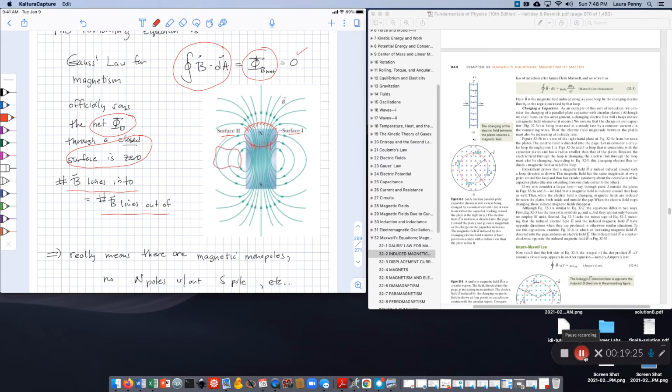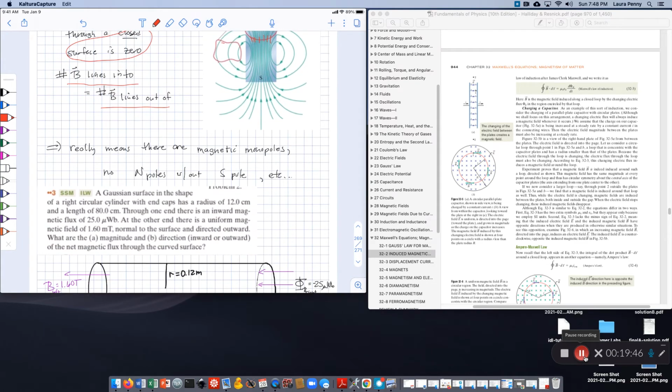The same with this smaller surface: 3 coming in and 3 going out. The only way to have more field lines coming out than going in is if you had a positive charge inside. Or if you had a negative charge inside, you'd have more going in than coming out.